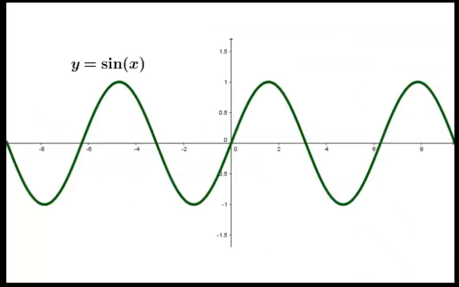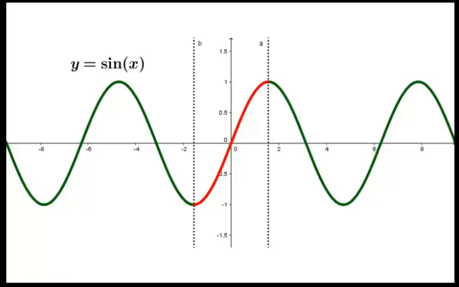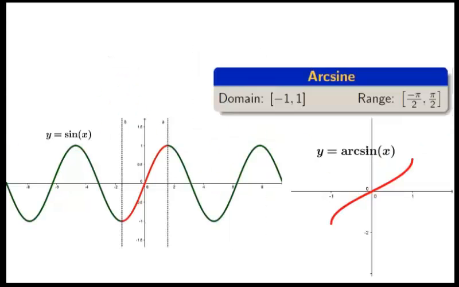Take a look at the graph of sine. We choose the largest continuous piece closest to 0 that will pass the horizontal line test and restrict the domain to it. So arc sine is defined on the interval -1 to 1 and has the range -pi/2 to +pi/2. It is continuous at all points except the endpoints.